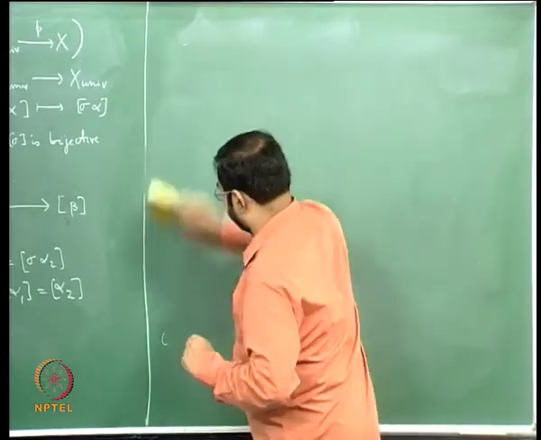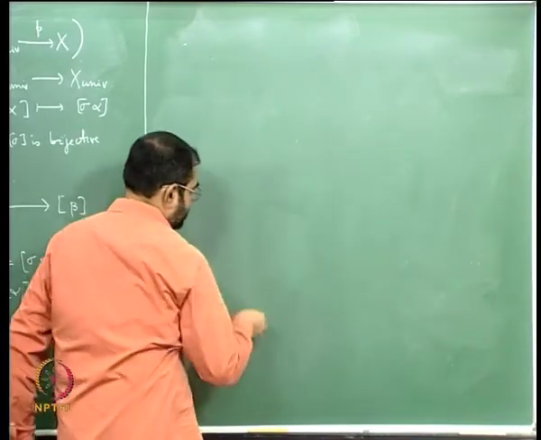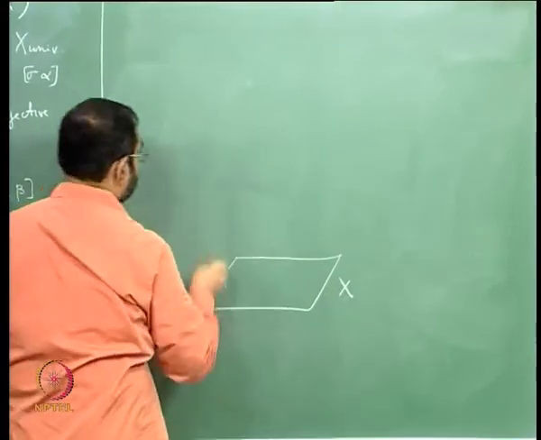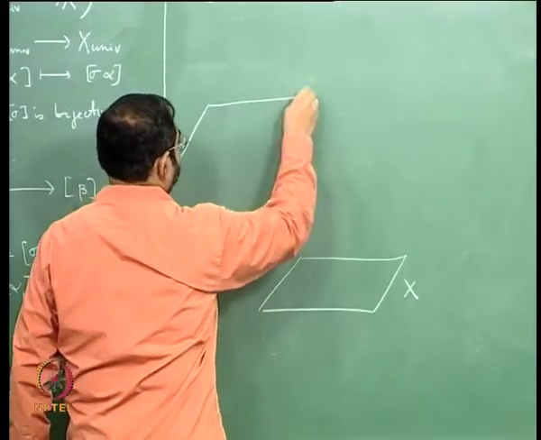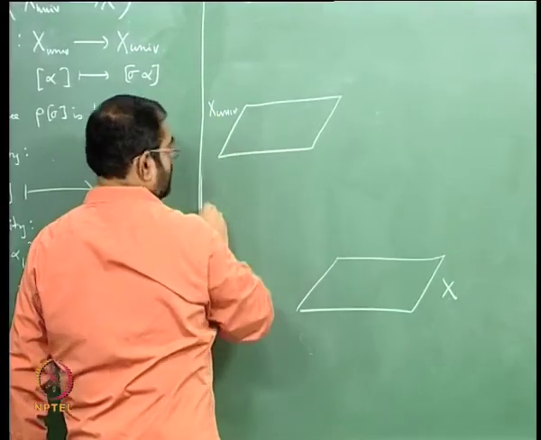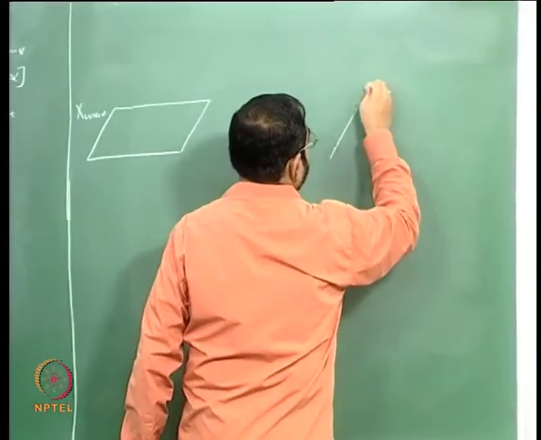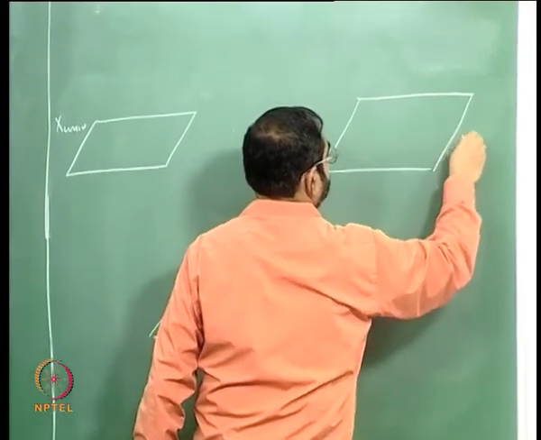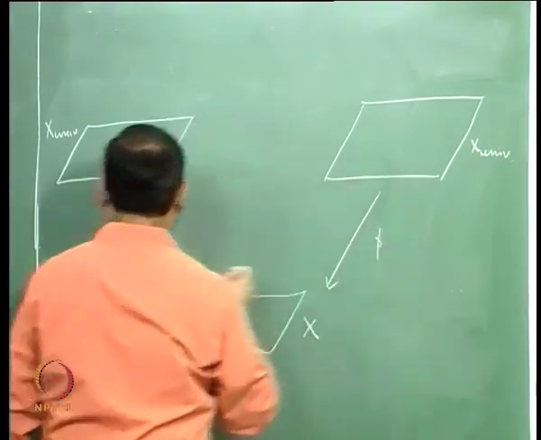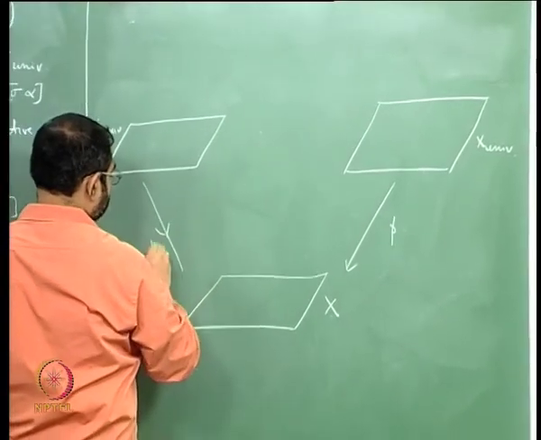So you see what is happening is the following. I have my x here, okay, I have my universal covering here, okay, and I have again my universal covering here, okay, and these are of course again the covering projections, okay.